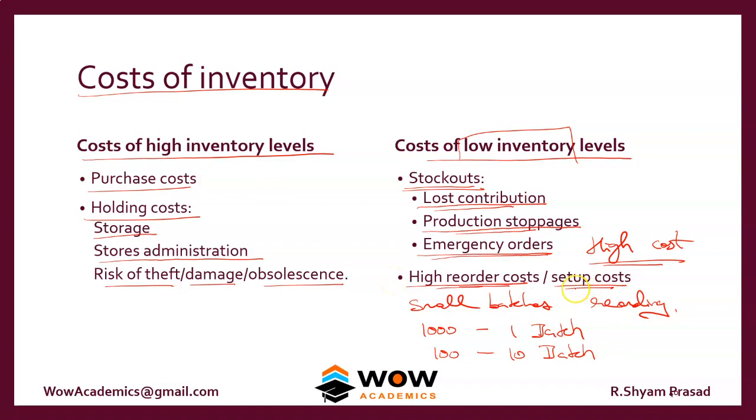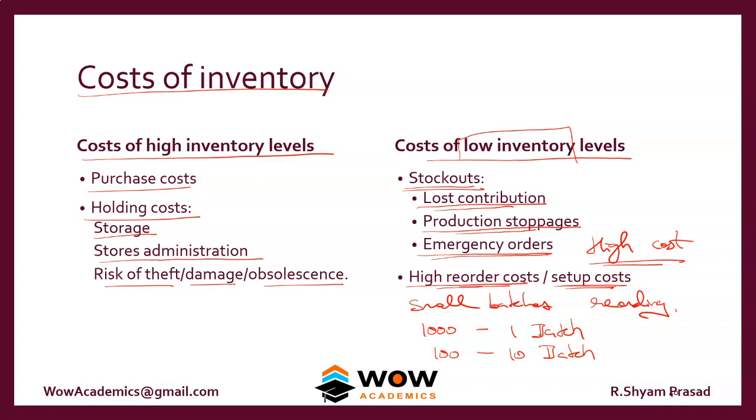Then there's also something called setup cost. Setup cost is incurred every time we set up the machine to produce the products. For example, a company wants to manufacture 1000 t-shirts. Rather than producing 1000 t-shirts in one stretch, they manufacture in batches of 100.